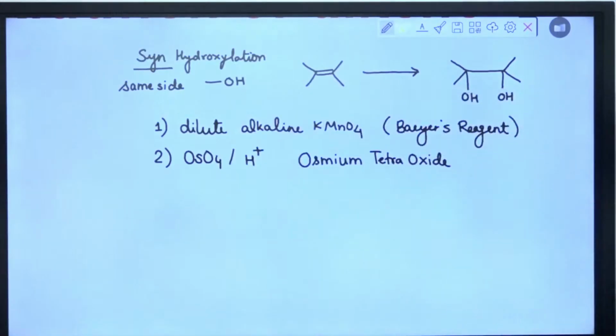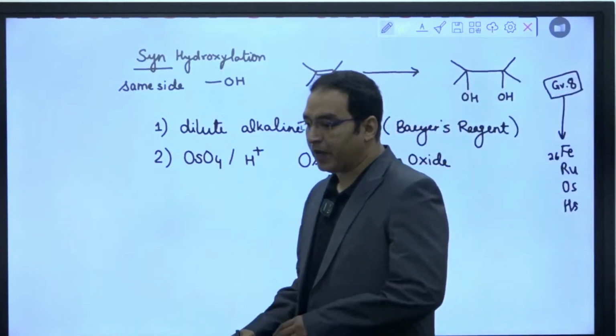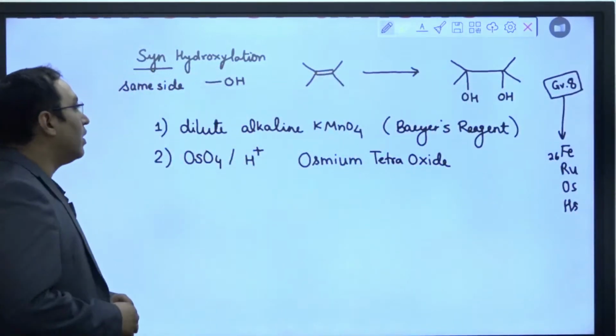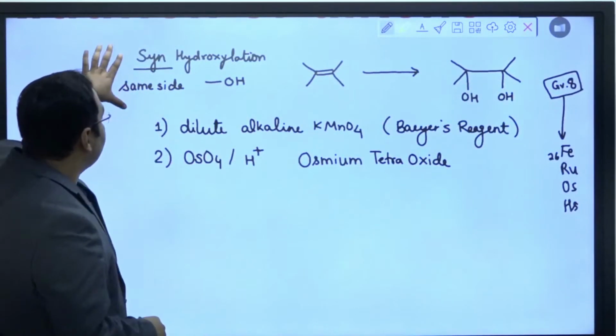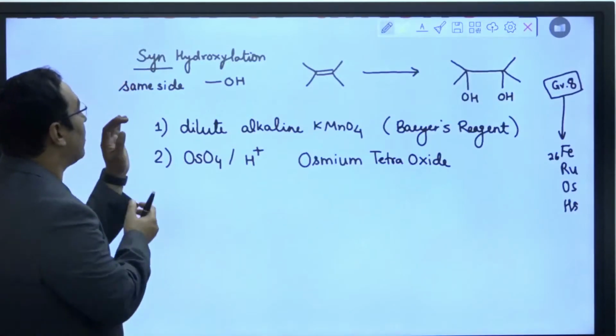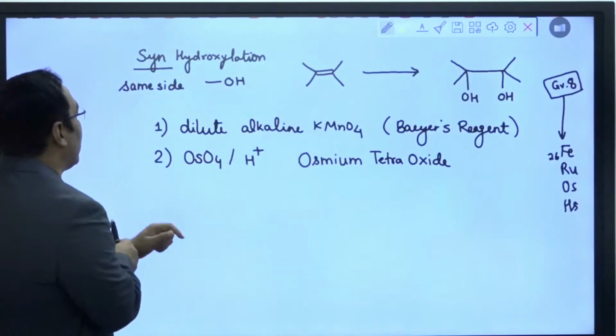Where is osmium found? Its atomic number is 26 in the periodic table, so you go to the d block and check the group number. It is 3d6, right? Group 8, you will find osmium. Okay? So these two compounds are known for syn hydroxylation. Same side OH will come.